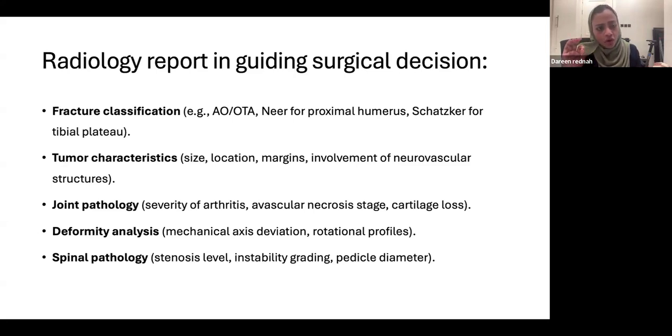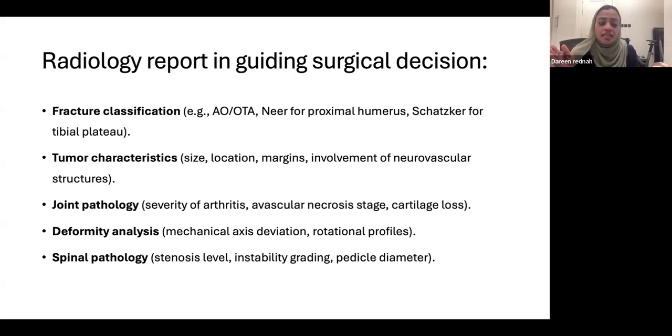An oncology report must contain the tumor characteristics like size of the tumor, location of the tumor, the margins, the neurovascular structures, and distance from the tumor. In joint pathology, we would like to know the severity of arthritis. If there is avascular necrosis, what is the stage? The cartilage loss, where is the location of the cartilage loss?